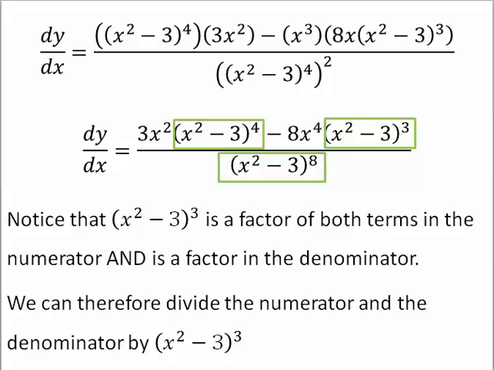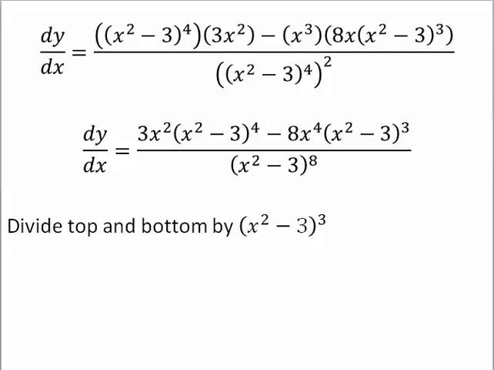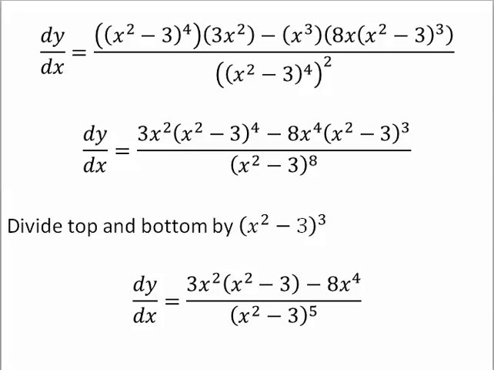So the exponent of 4 will go down to being an exponent of 1. And then in the numerator at the end, that is just going to cancel out. And then in the denominator, that exponent of 8 will become 5. So divide, and we get that. Check your work.